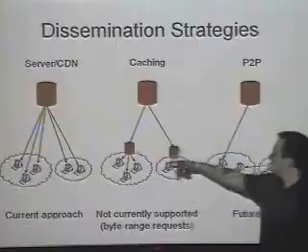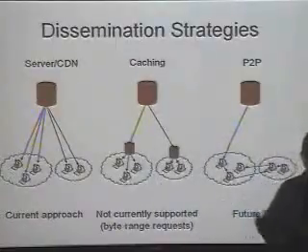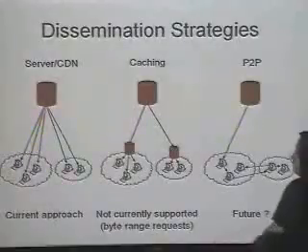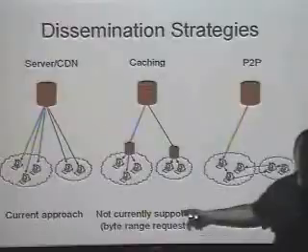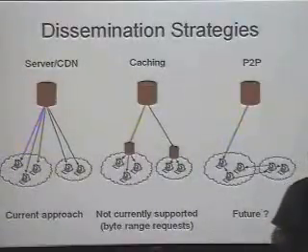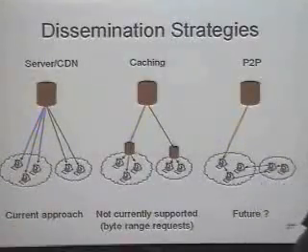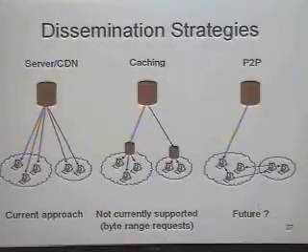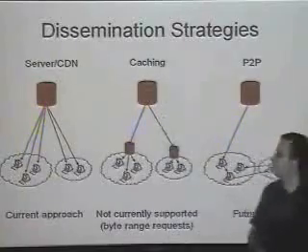Caching would rely on having caching in some notion of a subnet. In some cases it is not supported because of the requests, essentially byte range requests, the way those updates are downloaded, which are especially not supported by the caches. But an alternative is a caching infrastructure that would reduce the load on such a server. So nothing fancy so far.